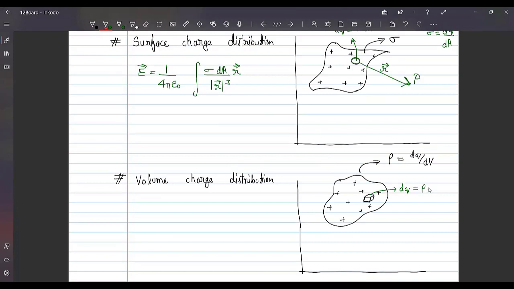Charge dq will be rho times dV. You want to find the electric field due to this charge at point P. Let's take this as a general vector, r vector. Again, electric field will be 1 by 4 pi epsilon naught integration of rho dV, that's the amount of charge dq, into r vector upon mod of r cube.